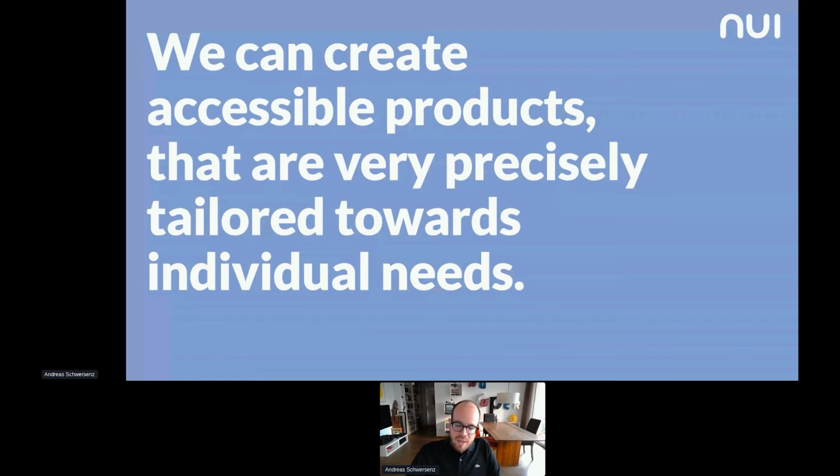We can now create products that are very specifically tailored towards a specific disability, or a certain condition, or elderly people, and that really have their individual needs and individual problems in focus. And that allows us to solve a lot of things that are maybe not going so well at the moment.